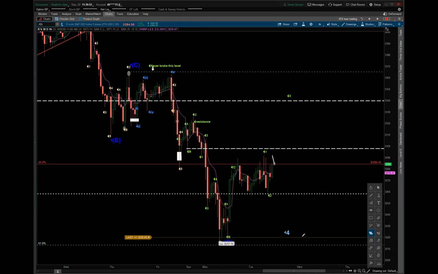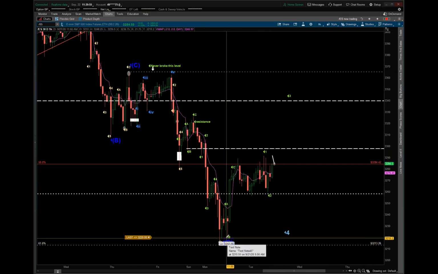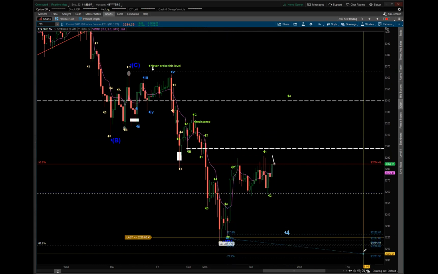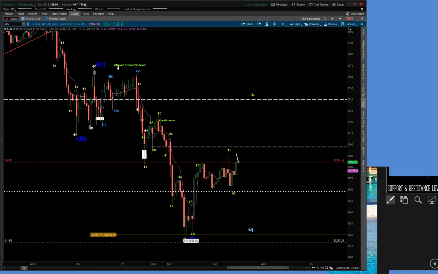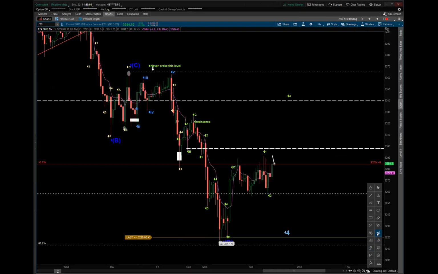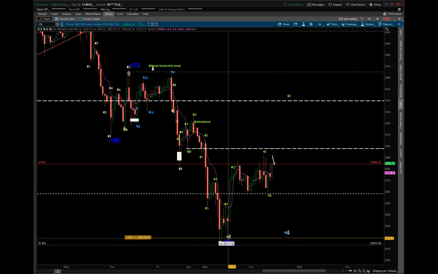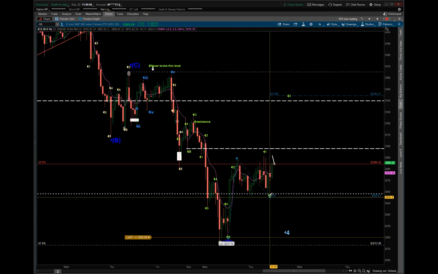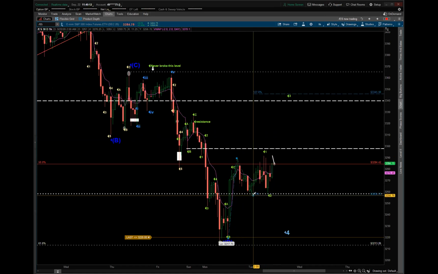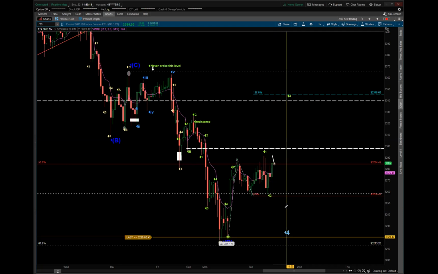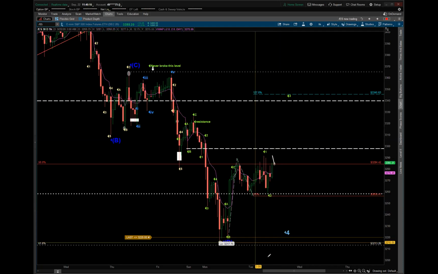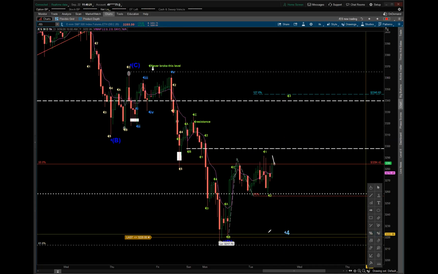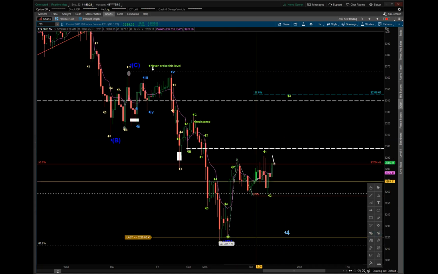I will do an ABCD from the bottom to the upside. I choose the bottom here and the lowest point of this. Okay, so I do use both, either a retracement or an extension, to the same side.